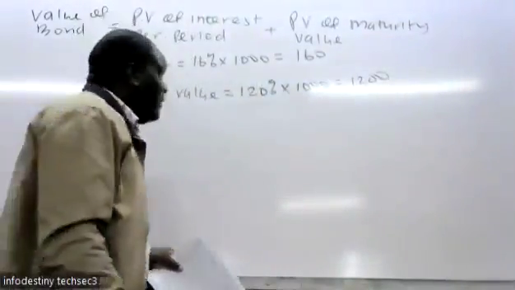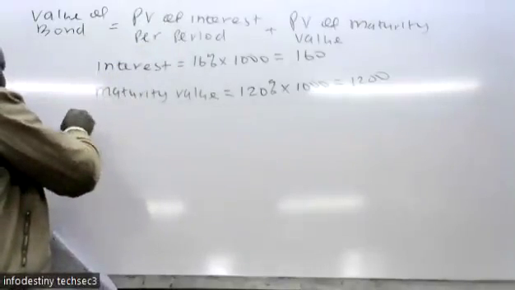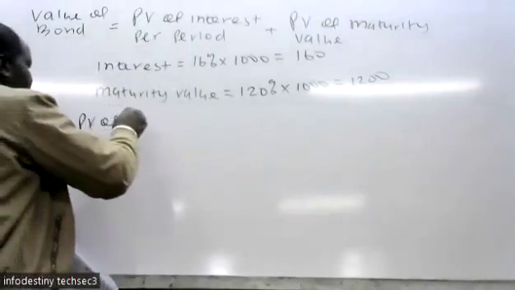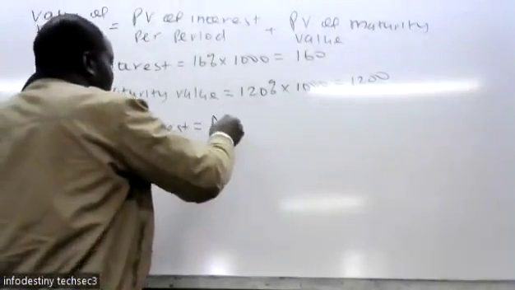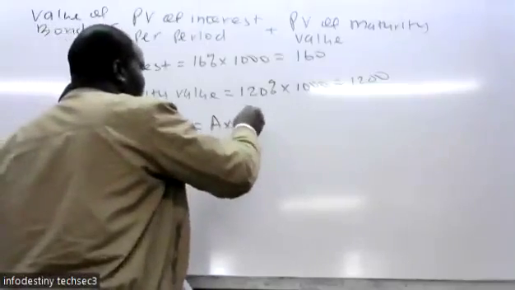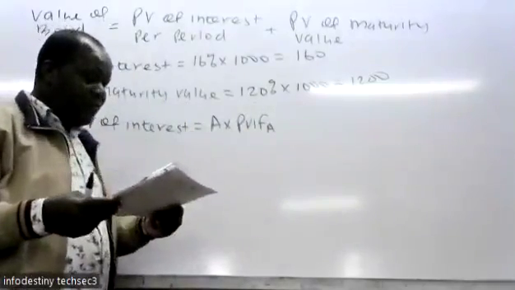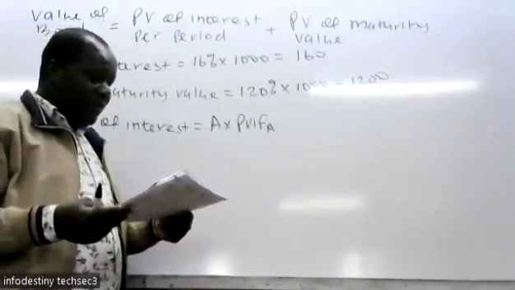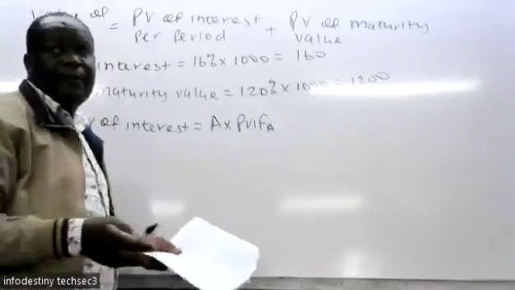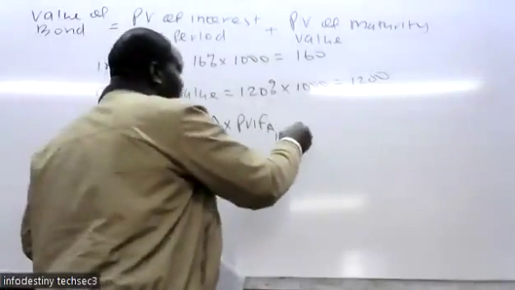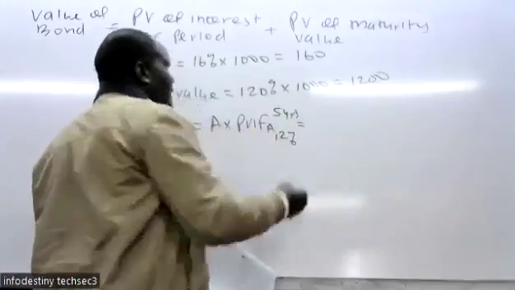Now from there, we compute the present value of the interest. It will simply be the annuity multiplied by the present value interest factor for the annuity. The minimum required rate of return is the cost of capital, which was 12%. The maturity period is 5 years.